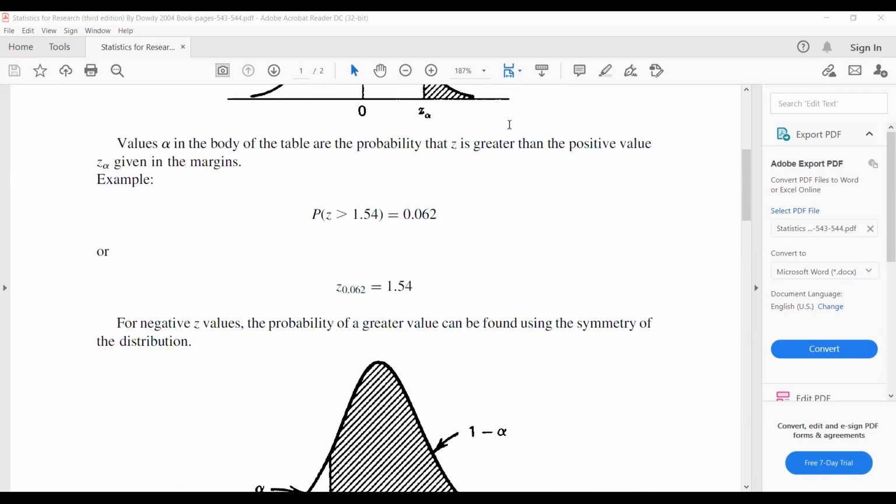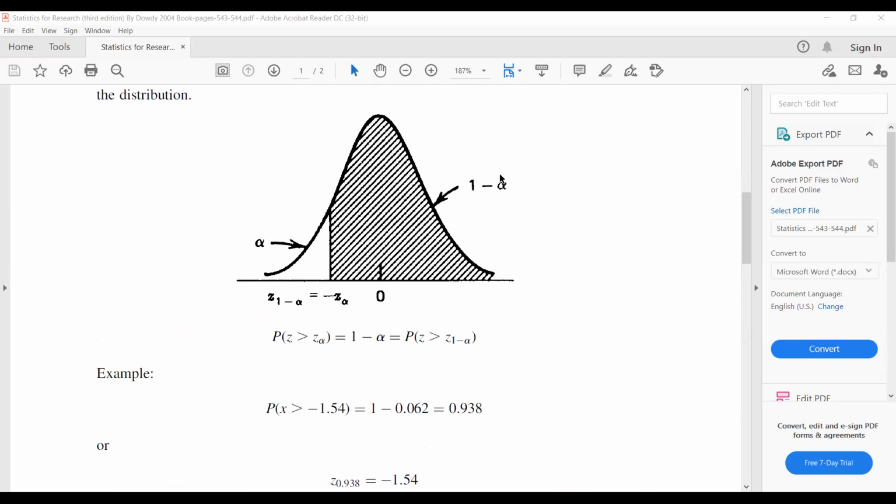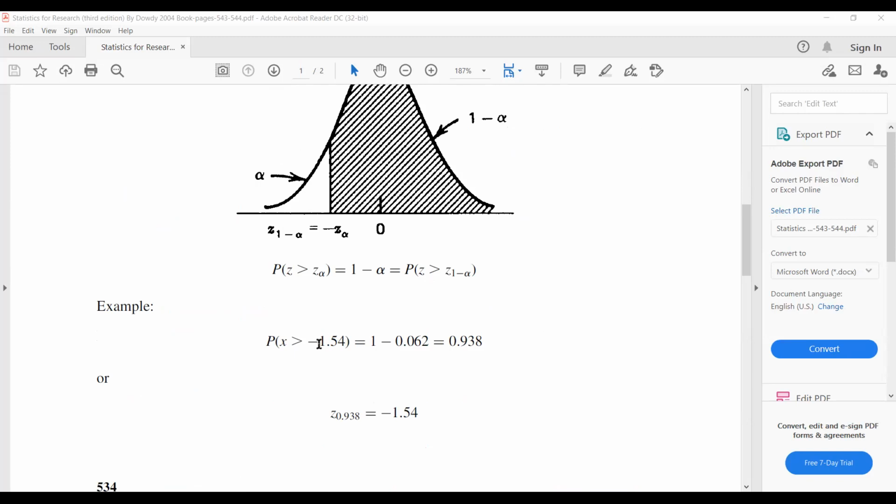Okay. For negative values, the probability of greater value can be found using the symmetry of the distribution. For example, yung x natin must be greater than negative 1.54.